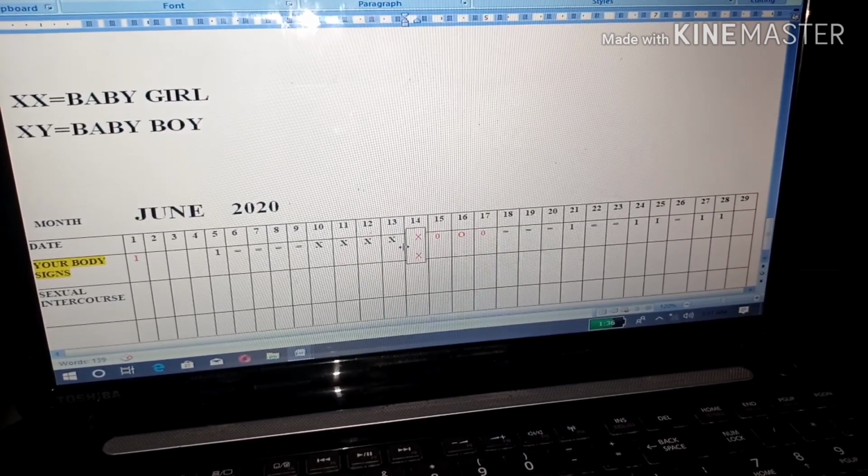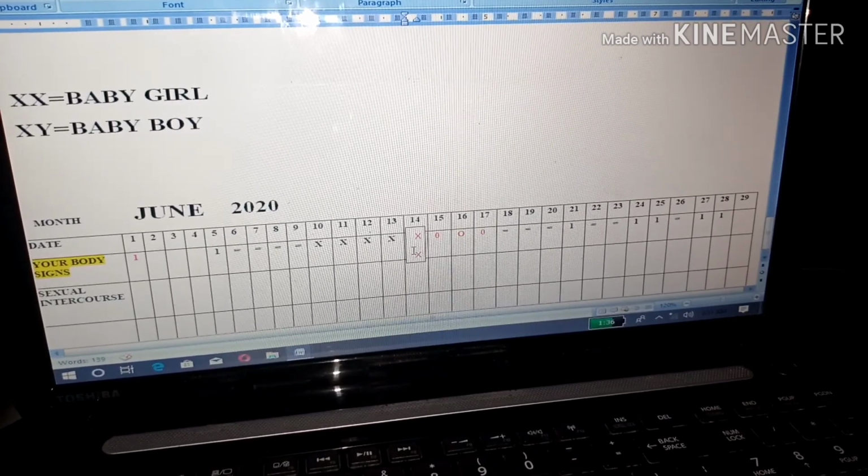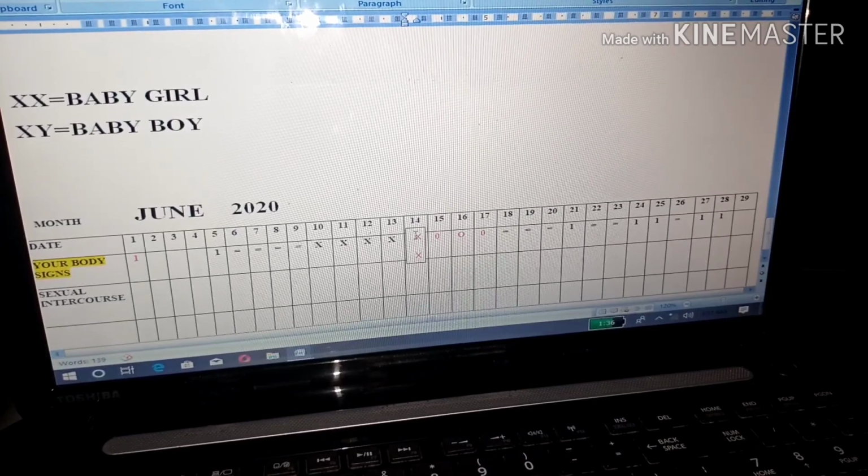Now, let's move over to how you can get a baby boy by tracking the moments of your sexual intercourse. Remember, we said we are using a 28-day cycle, and with that, you are supposed to be ovulating on the 14th day. Now, if you are looking for a baby boy, you should be having your sexual intercourse on this 14th day. Why?